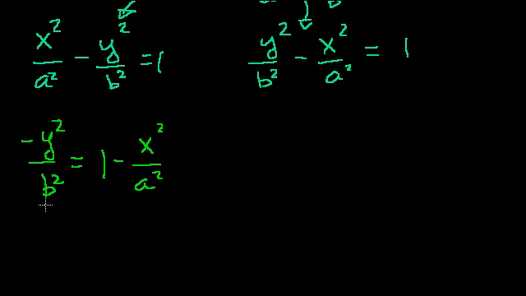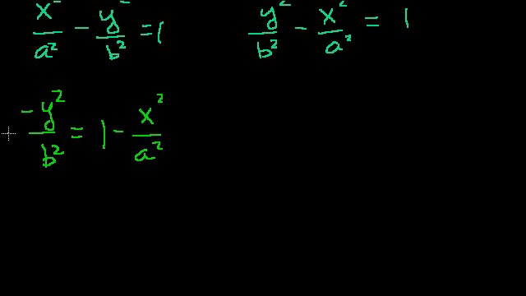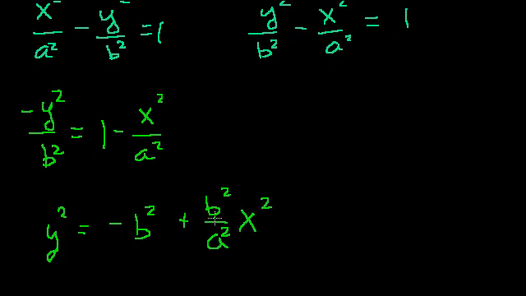So let's multiply both sides of this equation times minus b squared. If you multiply the left-hand side times minus b squared, the minus and the b squared go away, and you're just left with y squared is equal to minus b squared times 1 minus x squared over a squared, and that becomes plus b squared over a squared x squared.